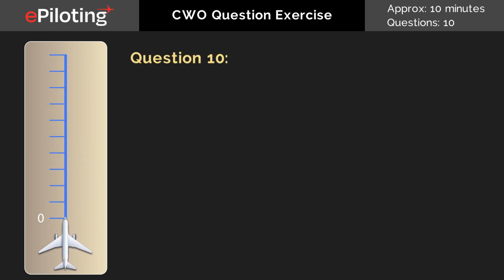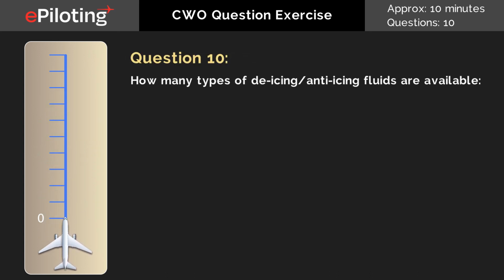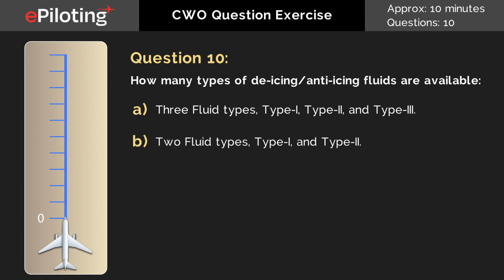Question 10. How many types of de-icing, anti-icing fluids are available? A. 3 fluid types, Type 1, Type 2, Type 3. B. 2 fluid types, Type 1, Type 2.